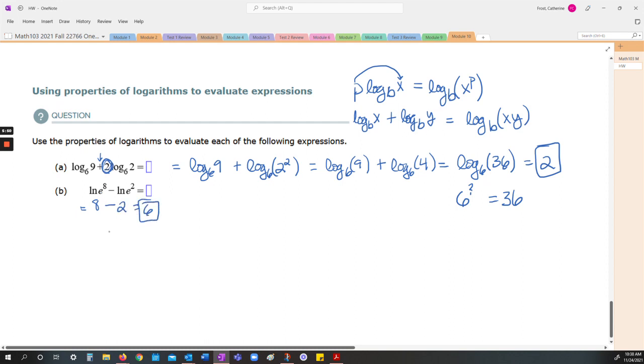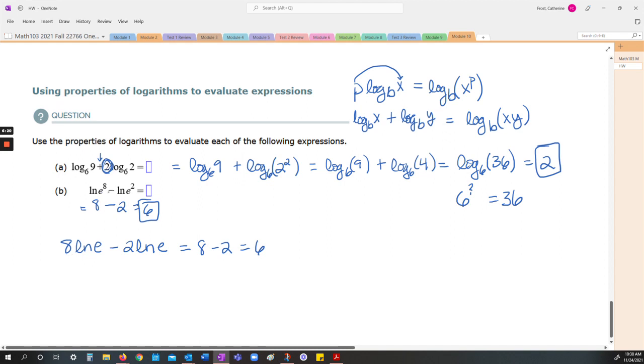You can also use the power rule to bring the 8 out front and write this as 8 times the natural log of e minus 2 times natural log of e. But natural log of e equals 1, right? e to what gives us e? Just 1. The base matches what's inside. So this is 8 minus 2 again, or 6. That's method number 2.